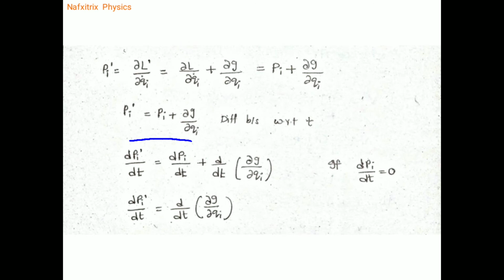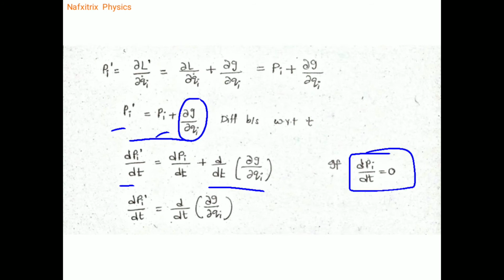If you differentiate with respect to time, on the left hand side we get dou p_i dash by dou t, on the right hand side dou p_i by dou t, plus the time derivative of this term. So from this you can see, if dp_i by dt is 0, that means p_i is conserved when the time derivative of p_i is 0. The meaning of this is p_i is conserved.